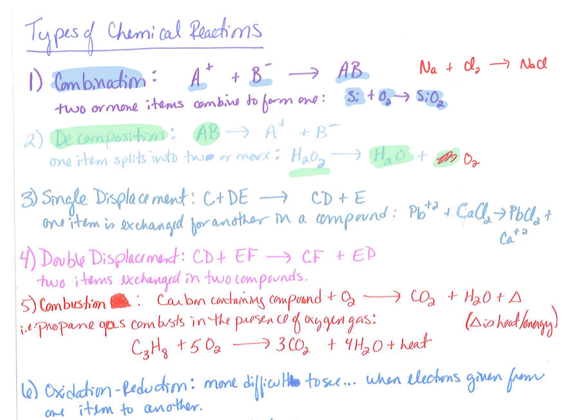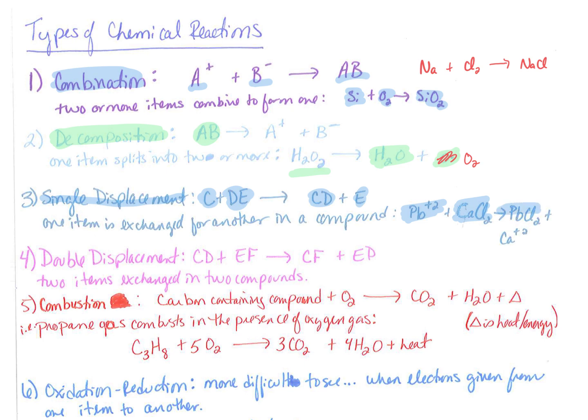Next comes what's known as a single displacement reaction. This is very much like what it sounds like as well. We could have one thing like C reacting with D and E, where C kind of kicks out E, and instead you get C and D, and E. So we can see here, if you have lead, which is Pb, and you react that with CaCl2, what ends up happening is the lead can displace that calcium.